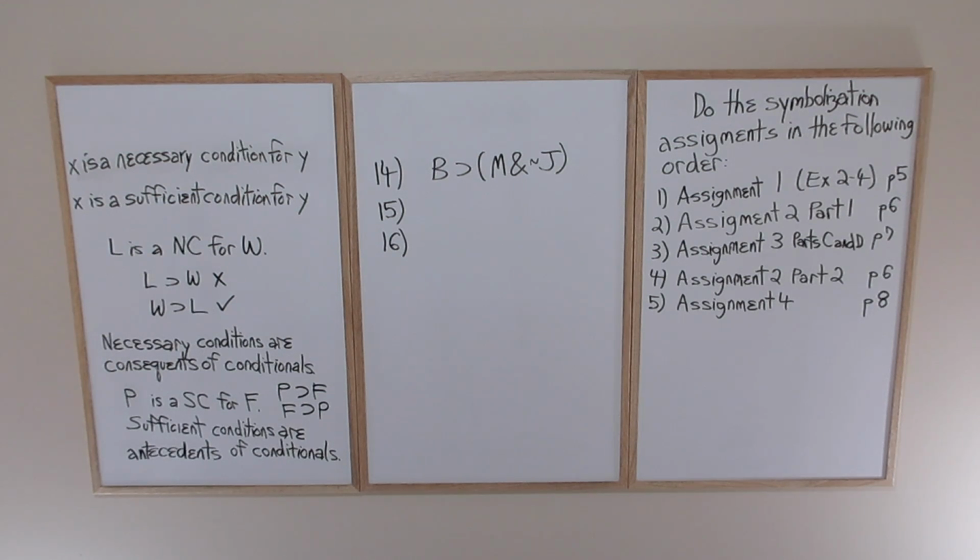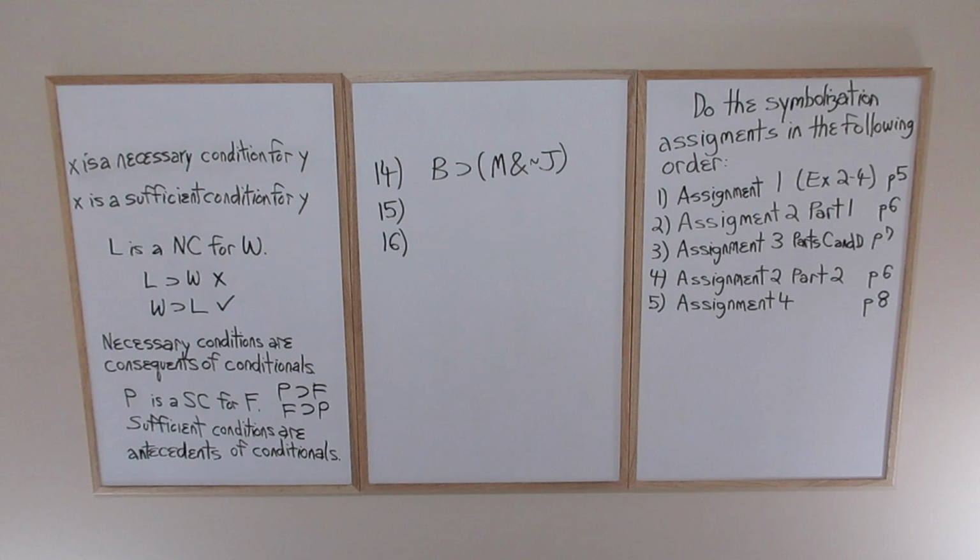Can't win the lottery without having a lottery ticket. It's this one. So the underlying logical implication of this English sentence, possessing a lottery ticket is a necessary condition for winning the lottery, is if you win the lottery, then you must have a lottery ticket.